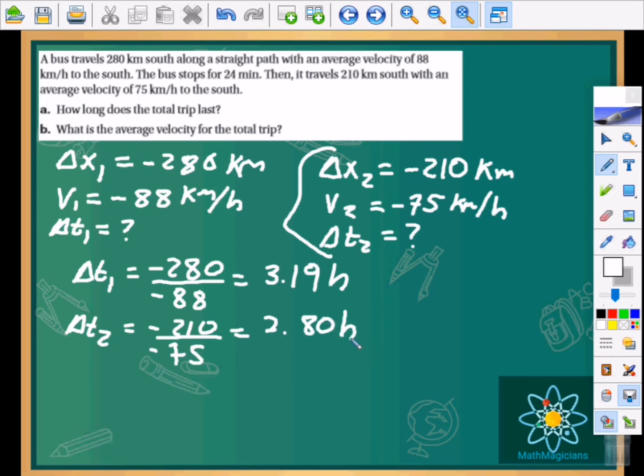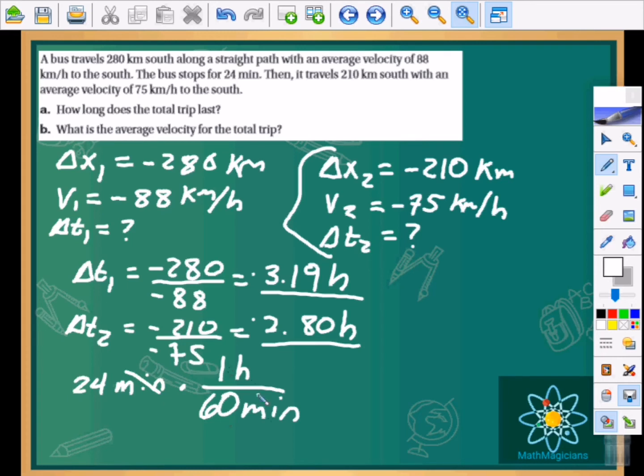Then, don't forget you had 24 minutes. So, we have to convert these 24 minutes into hours. Why? Because our two answers here were left in hours, and it's easier to convert one to hours than the other two to minutes. We know that 1 hour has 60 minutes.